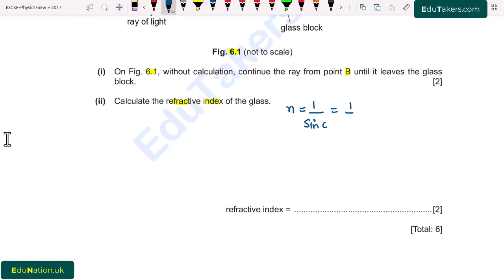So I write here 1 over sine function of 41 degrees, because 41 degrees is the critical angle. So it comes to be 1.52, which is equal to 1.5. So the refractive index is equal to 1.5 and it does not have any unit because it is the ratio of same quantities.